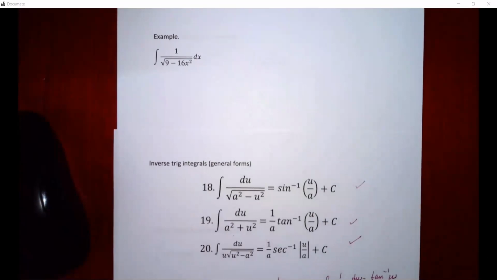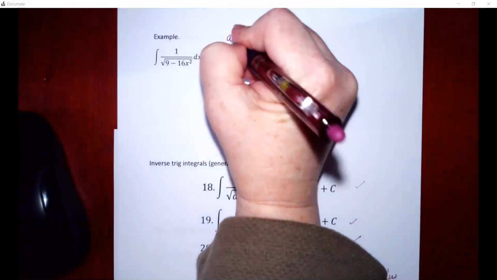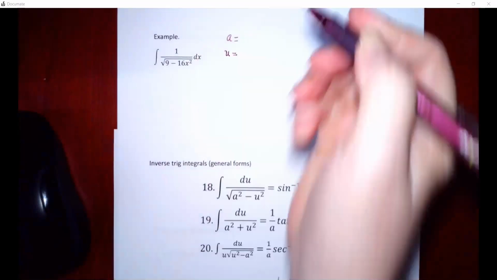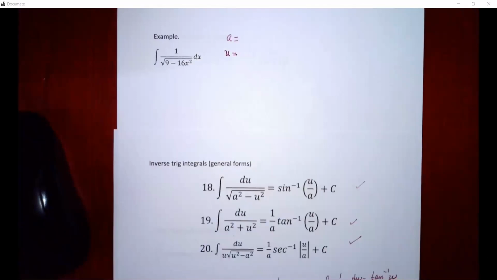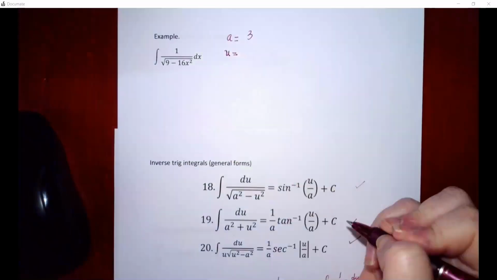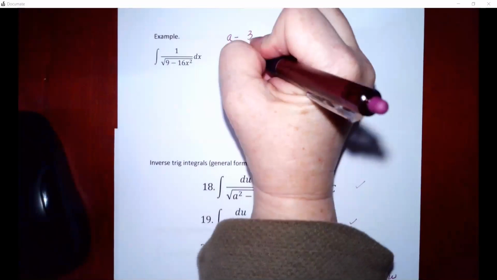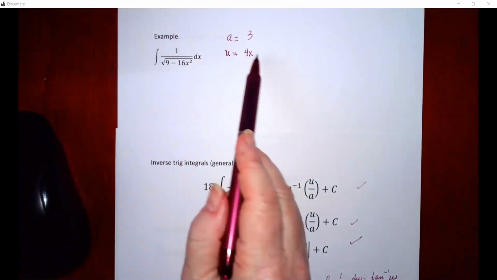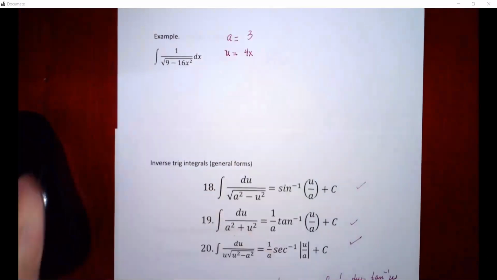So I need you to identify what is a and what is u. What do you think a is? 3. a would be 3. Good. And u would be 4x. Perfect. So I'm going to give you guys a couple minutes to go through the u substitution to get this one right, and then we'll compare.